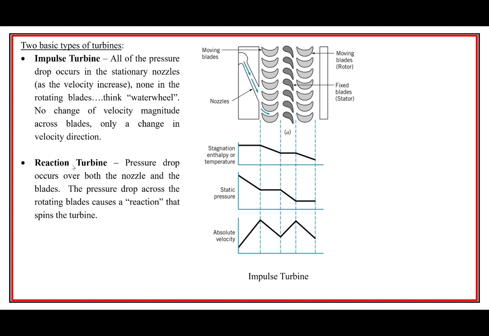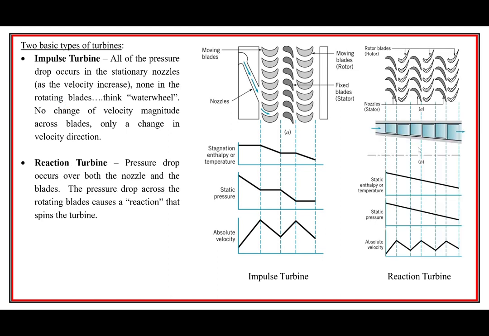And the reaction turbine is different from that. So there is a pressure drop across not only the nozzles, but also across the blades. And there's actually some amount of area change taking place. This pressure drop causes a reaction, which is part of the reason why the turbine is spinning.